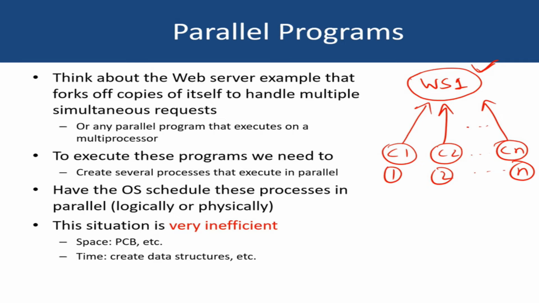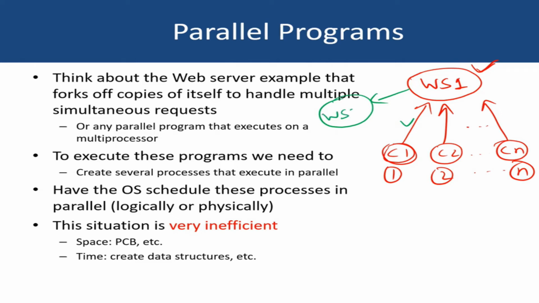One way of solving this problem is to have the server run as a single process, and the server will only accept the requests. Whenever the server receives a request, it creates a separate child process to service this request. The child process that is created would be a clone of the original web server process. So for instance, when the web server receives this request from client 1, it will create a new clone process.